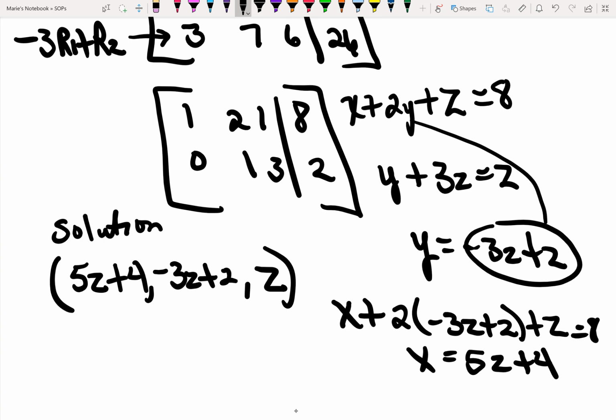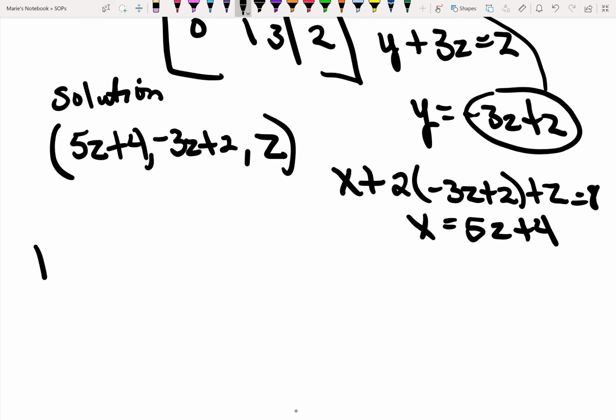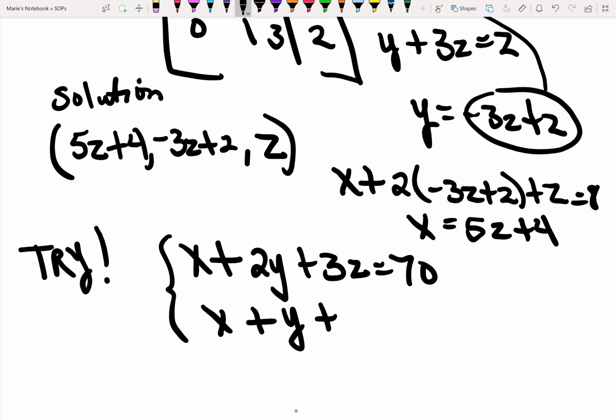Okay, one to try. And if you have questions, obviously tell me, and I will happily answer your questions. So I'm going to give you x plus 2y plus 3z equals 70. And here's x plus y plus z equals 60. And go ahead and solve.